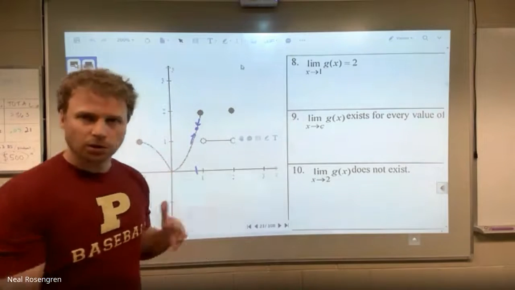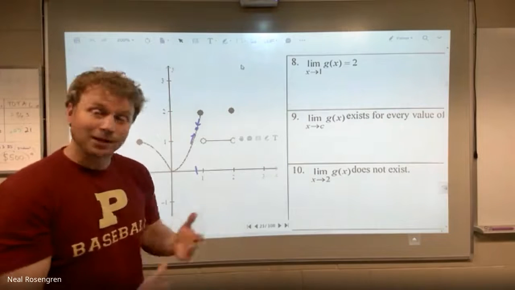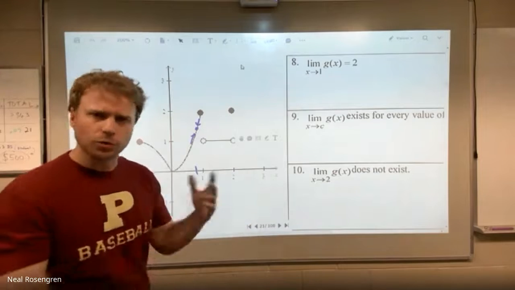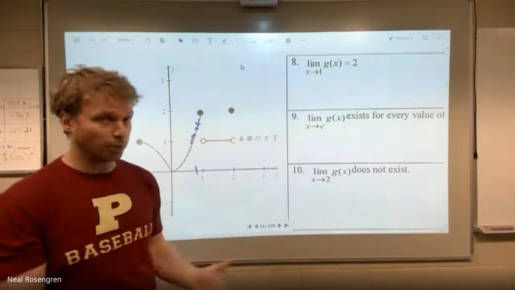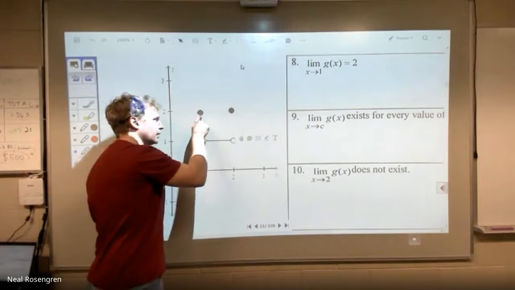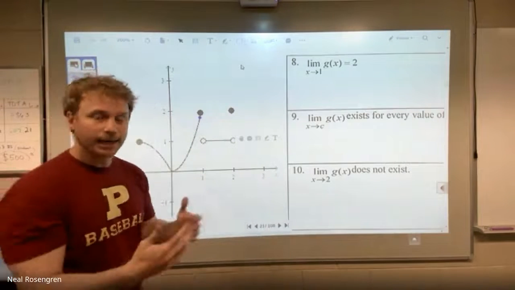And because things are all nice and connected, continuous, the y value is whatever the limit is. Those two are going to be the same because there's no hole, no gaps, no asymptotes, no breaks, no nothing. But imagine doing that right here, at that point 99999999999.